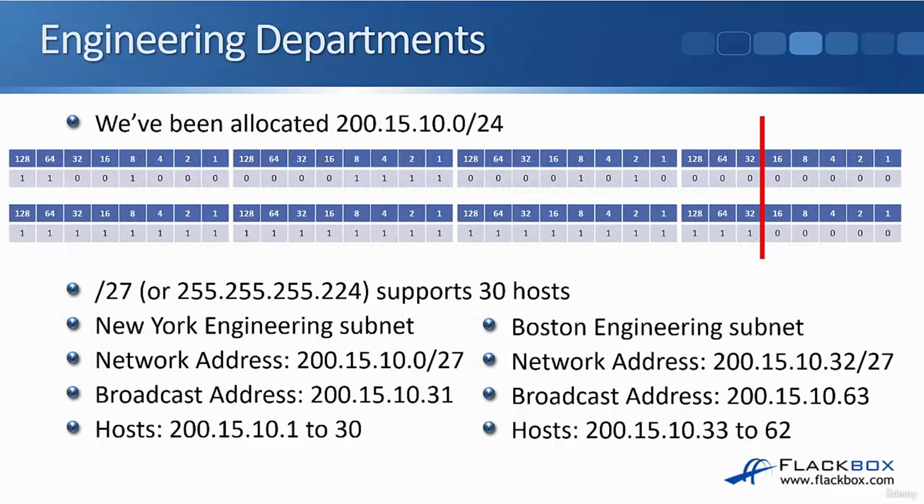Okay, so let's look at how to get the answer. So we'd been allocated 200.15.10.0/24. We've been allocated a class C. And we've got 2 different departments that we want 2 different subnets for, and they had got 28 hosts each. A /27 supports 30 hosts. A /28 is 14, so it's not big enough.